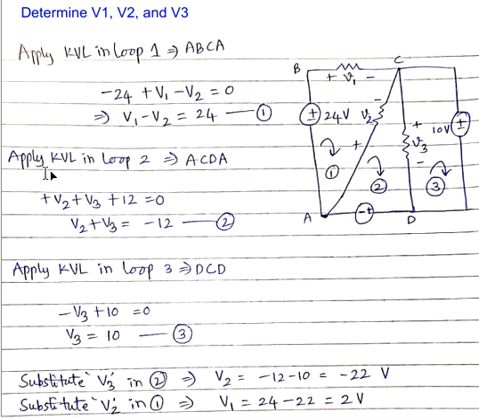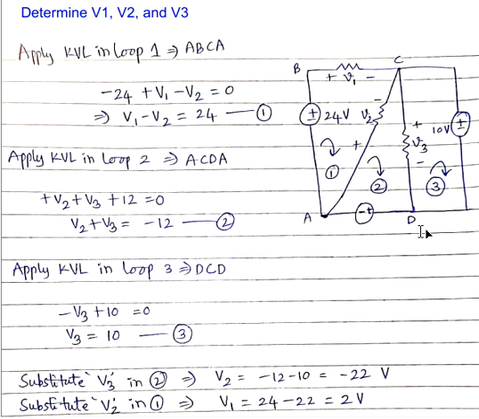Then similarly we can apply the loop equations in loop 2 as well as loop 3. So in loop 2, that is A, C, D, A, if you start from A, then go to C, then D. So the AC branch is the first one. There I am seeing the plus symbol first in the clockwise direction of the current, so I am writing plus V2.